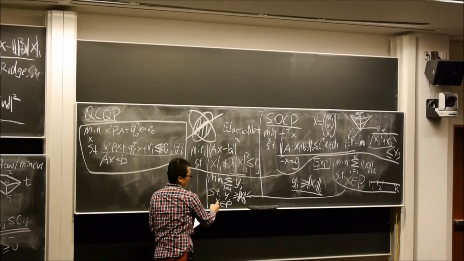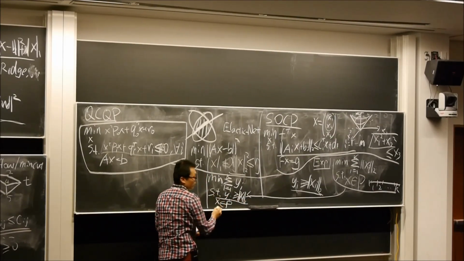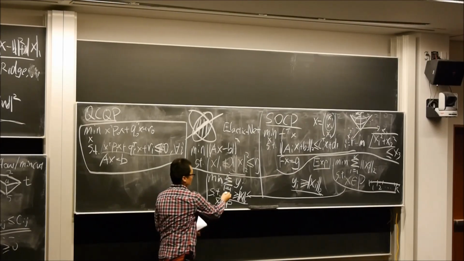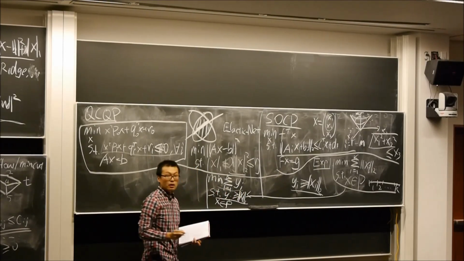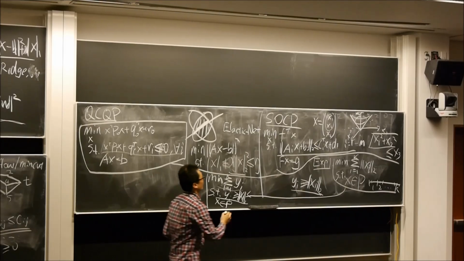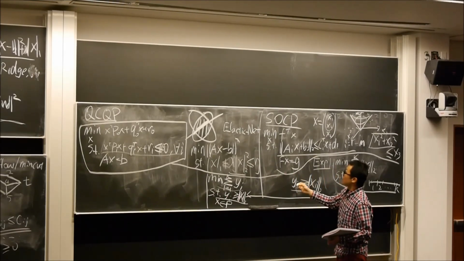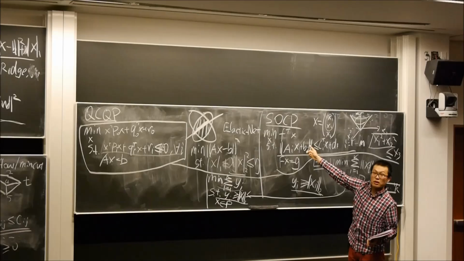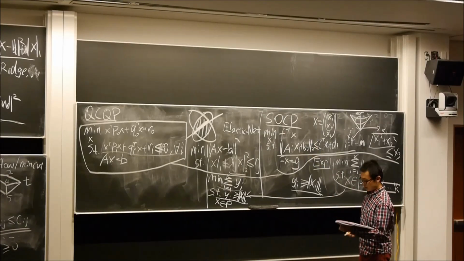So as you can see, this is a second-order cone constraint, and this is a linear objective, so it fits in exactly the shape here, right?